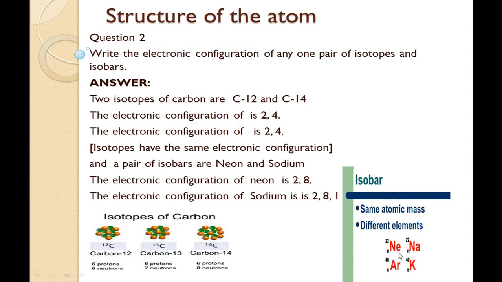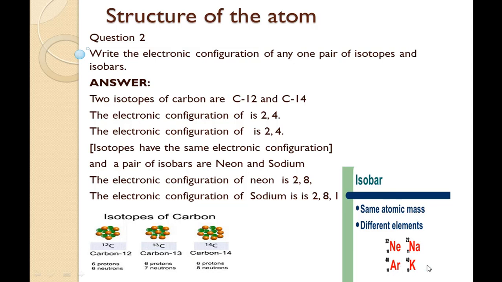Neon and sodium, one pair of isobars. Why? Both of them have the same mass number. So, neon has atomic number 10, sodium 11. But both of them have the same mass number, which is 22.